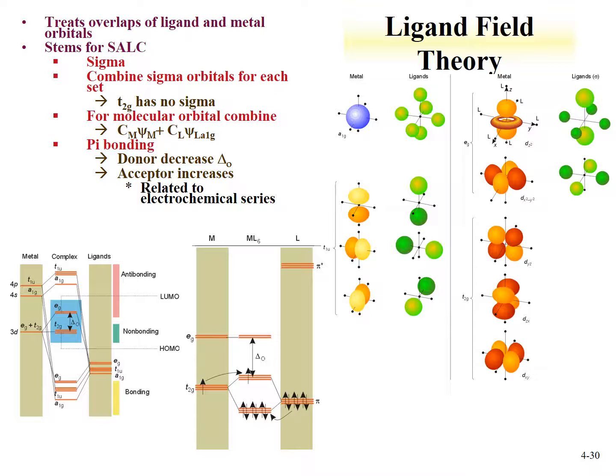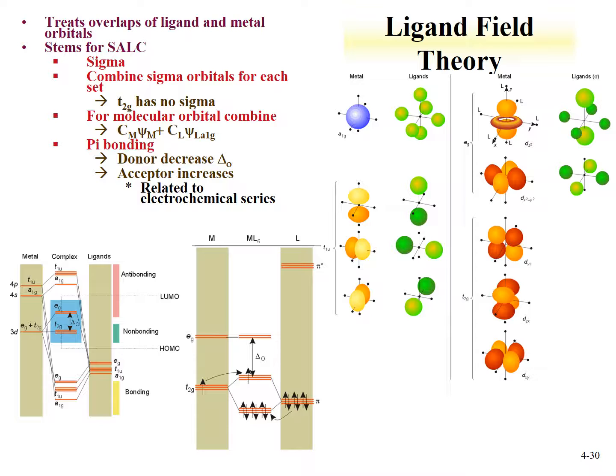An example of the symmetry-adapted linear combinations for some metal and ligand interactions are presented here. What this shows are the molecular orbitals that are formed from the atomic orbitals of the metals and the ligands, and how they would split from the metals forming this Eg, T2g, which ligand orbitals and which metal orbitals overlap to form the bonds.